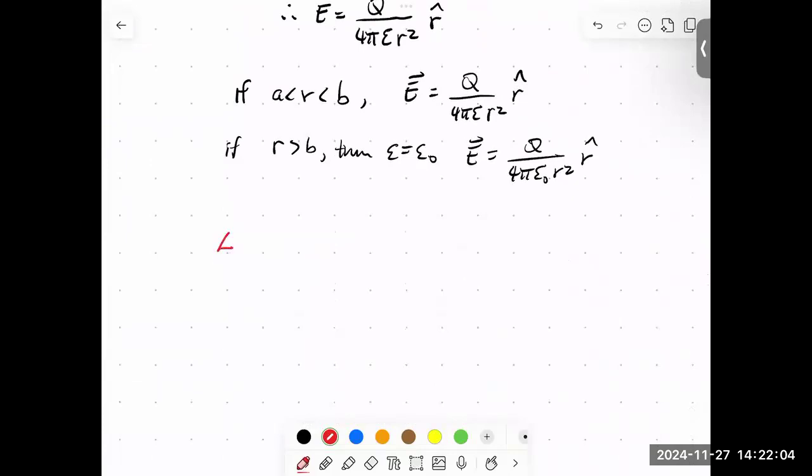So we know that delta V, the change in potential, and I'm going to choose to find the change in potential between infinity and 0, is going to be minus the integral of E dot dl from 0 to infinity.